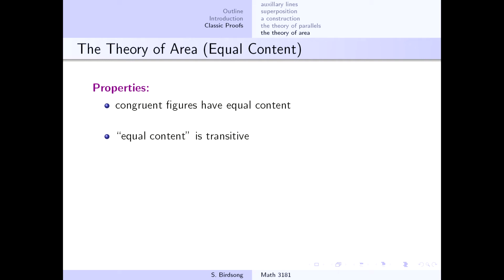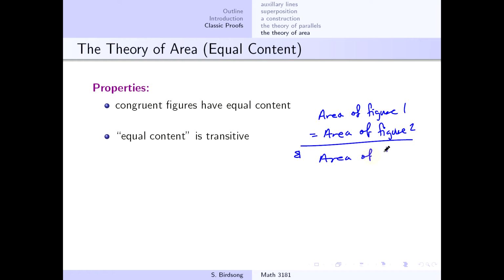And what that means is if you have the area of figure 1, and that area is equal to the area of figure 2, and suppose you also have that the area of that same figure 1, and I'm going to abbreviate here just as figure, is equal to the area of some other figure, let's say figure 3.